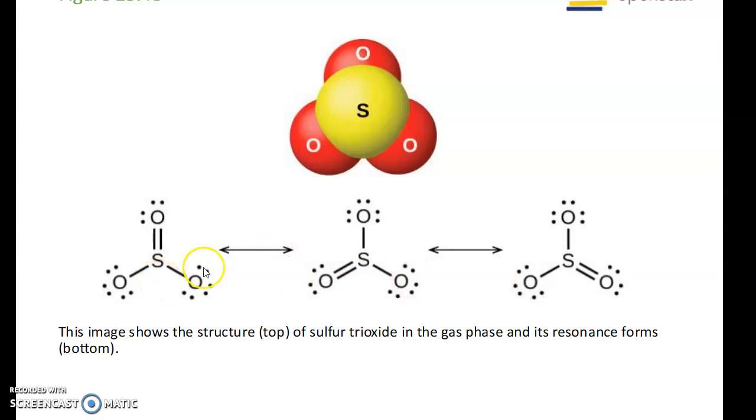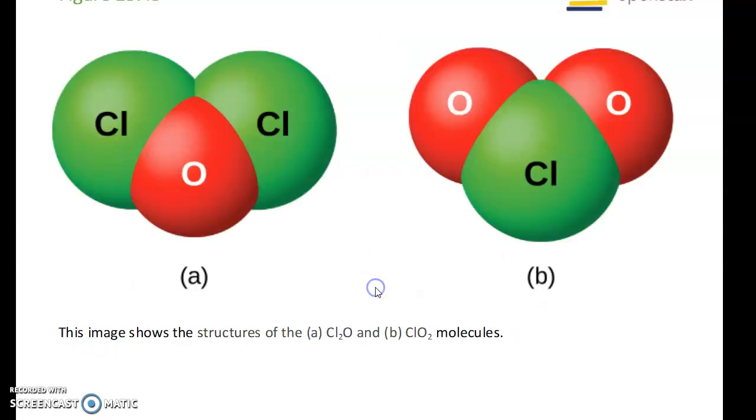But this one right here is the basis for reactions that form sulfuric acid. Here are 2 molecules. This is dichloromonoxide, and this is chlorine dioxide, right? 2 very different materials, somewhat the same purpose though.